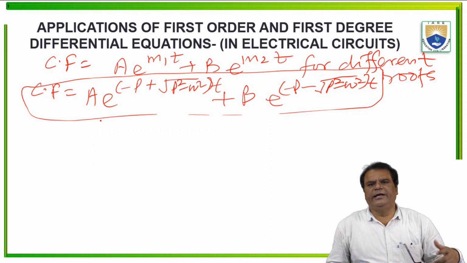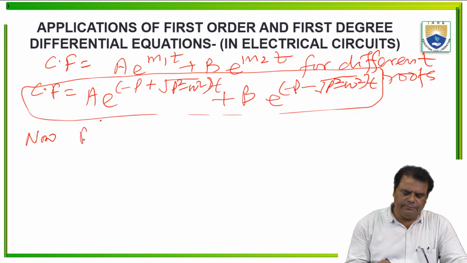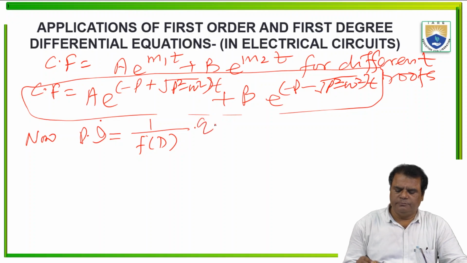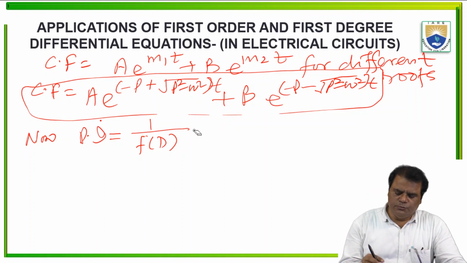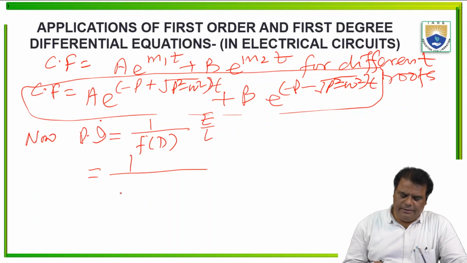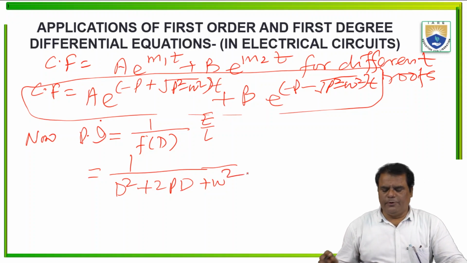Now finding PI, particular integral. PI equal to 1 upon f(D) into Q, where Q means the right hand side, here E upon L. What is f(D)? f(D) is D square plus 2pD plus w square, and E upon L here.